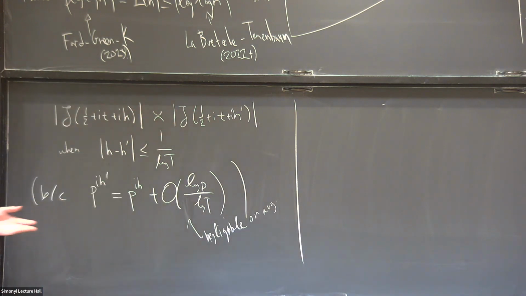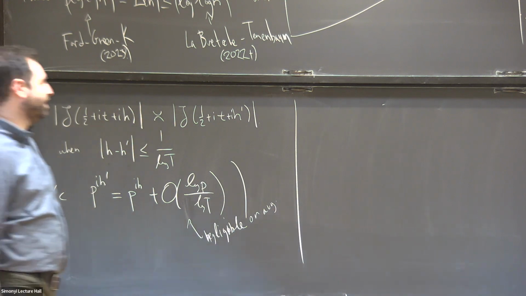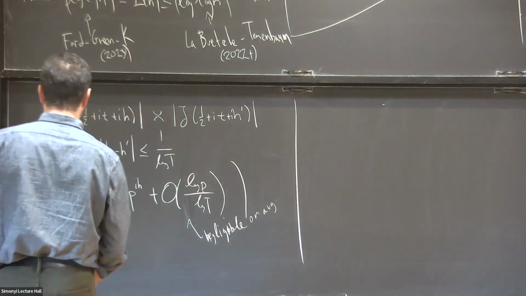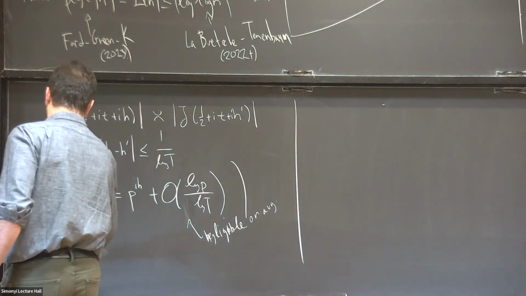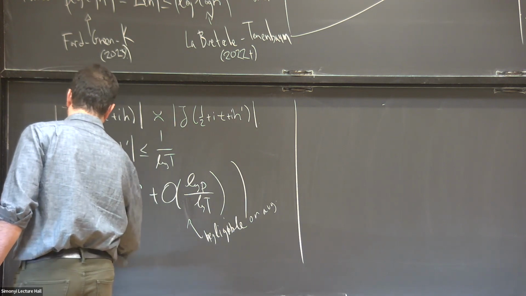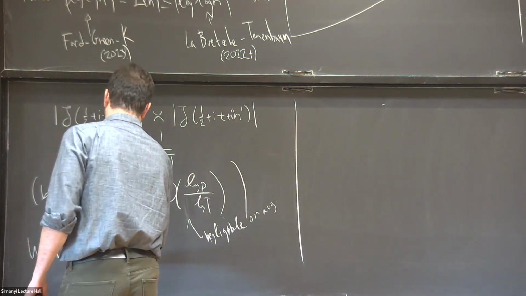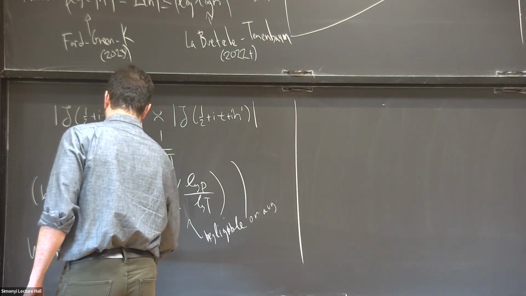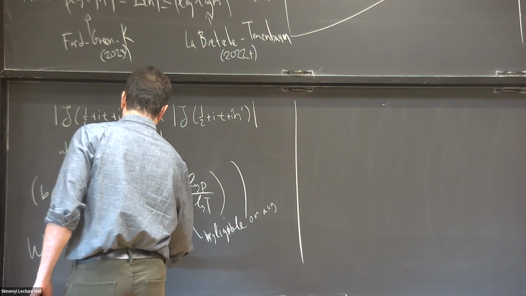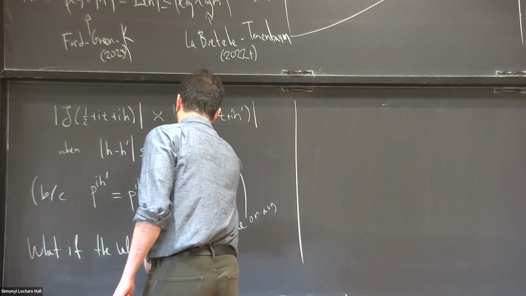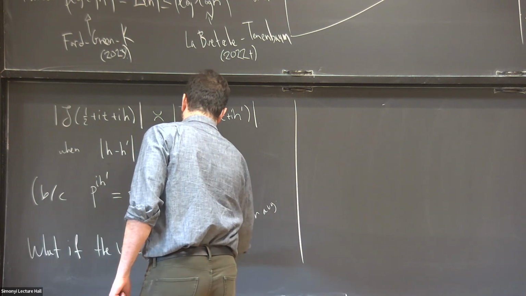So let's for simplicity assume what happens if they're perfectly uncorrelated away from this regime. So what if the values are perfectly uncorrelated or almost perfectly uncorrelated?